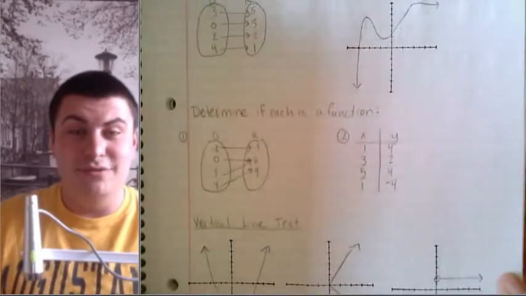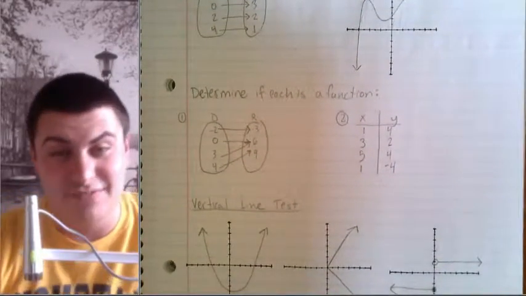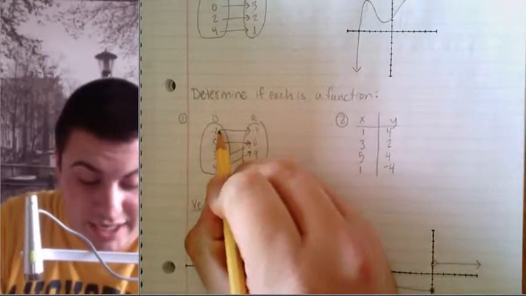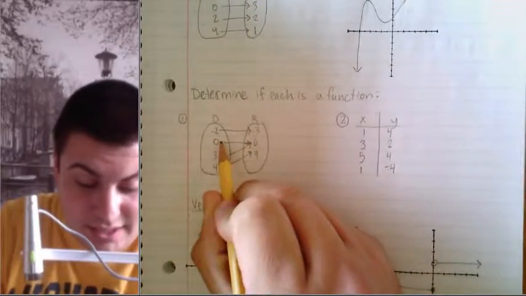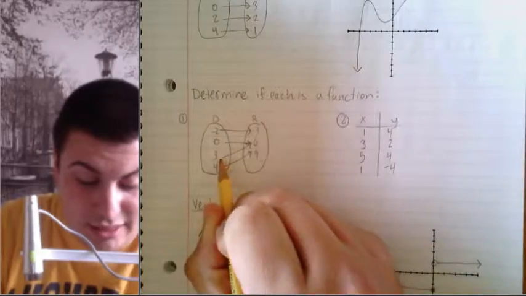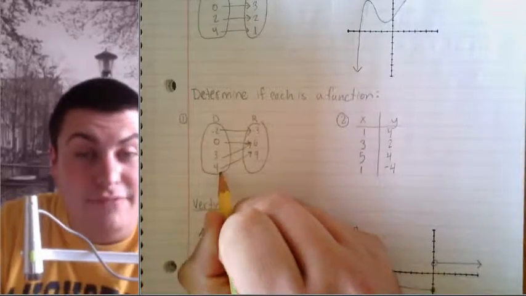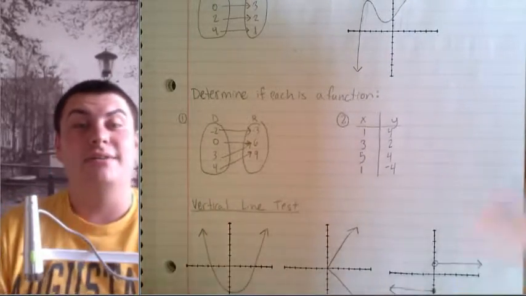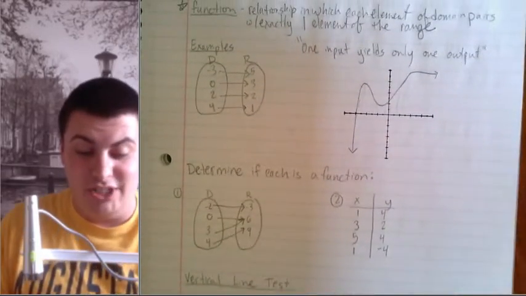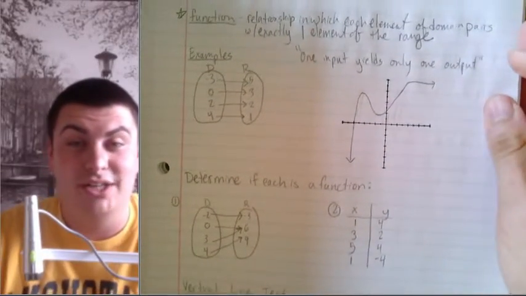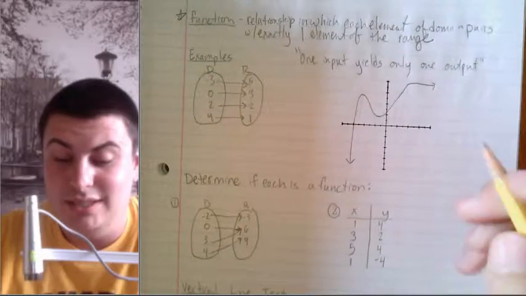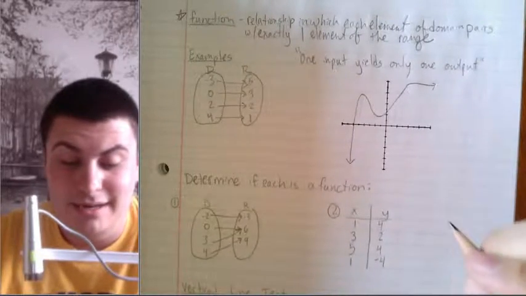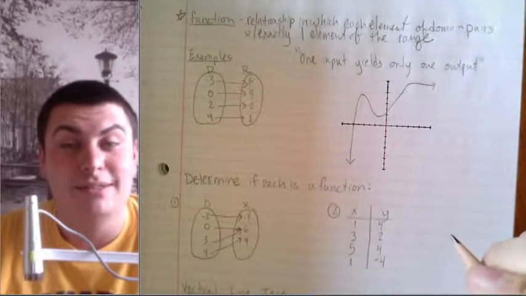So let's see if we can determine if each of these is a function. In our domain, we have -2 maps to -3, 0 maps to 6, 3 maps to 6, and 4 maps to 9. Now, let's think. Again, a function is a relationship in which each element of the domain pairs exactly with one element from the range.